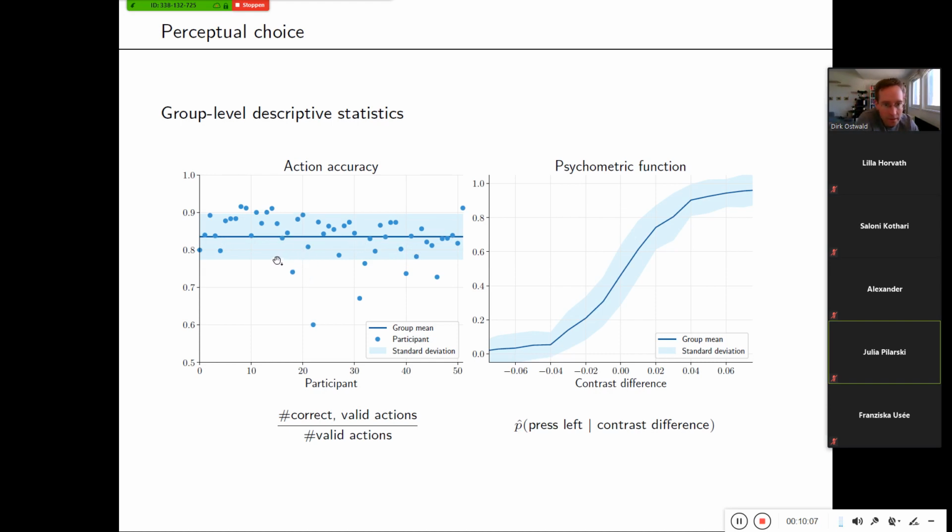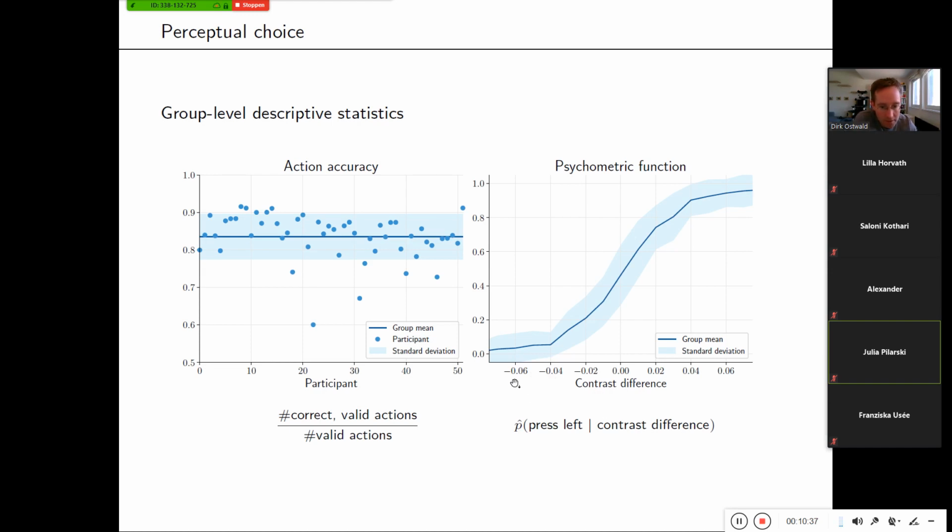So that's the average, that's the standard deviation. The other thing that is quite typical to look at in these kind of perceptual choice tasks is how the participants behave in terms of their probability to press a certain button as a function of the contrast difference. So this is normalized.